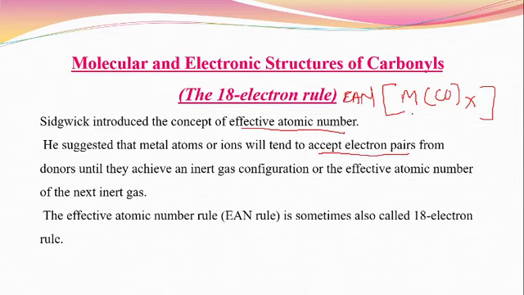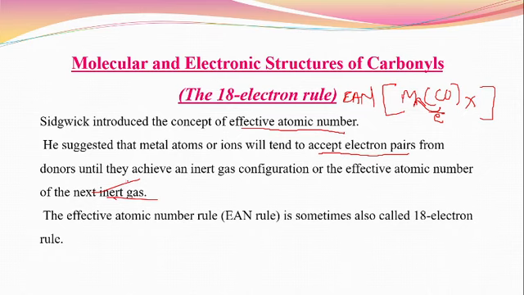He suggested that the metal atoms or ions tend to accept electrons from the ligand, the donor, so that they achieve an inert gas configuration, or achieve the effective atomic number which is that of the next inert gas.